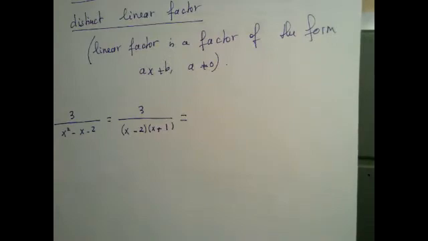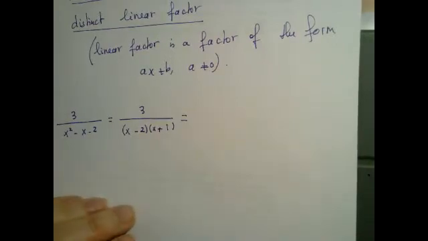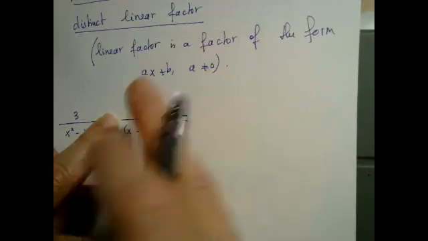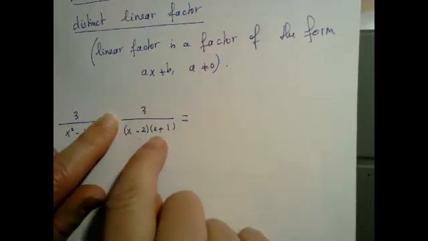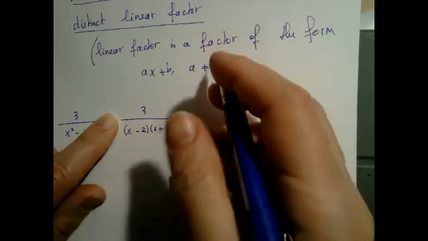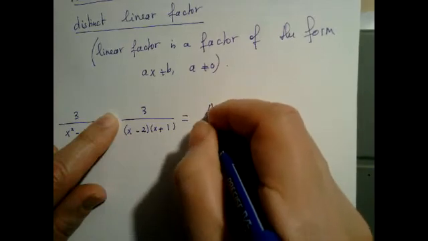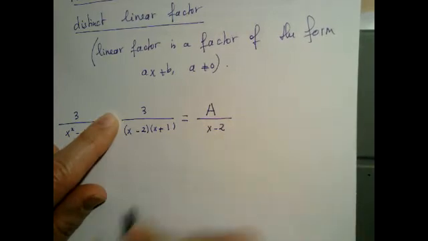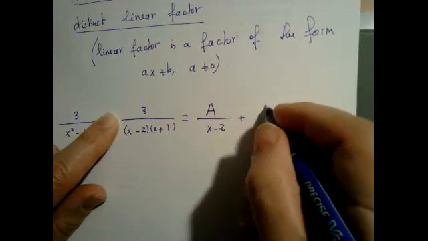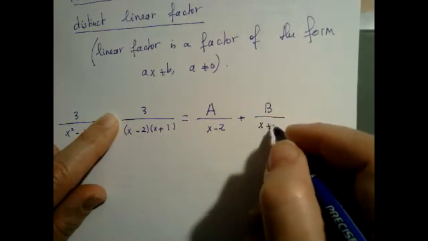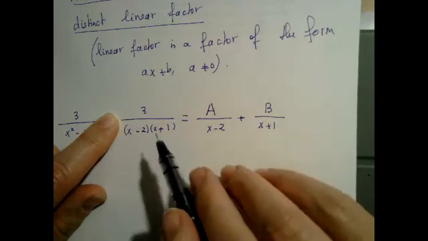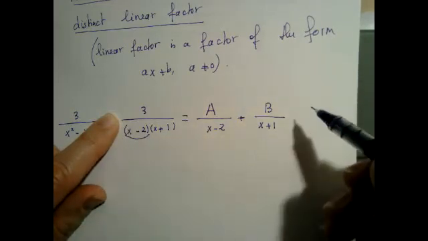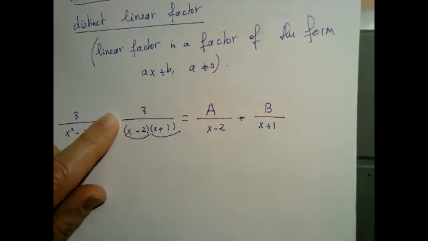Now, what does math tell you? There is a big theorem in math that tells you that if you have an expression of this form, with the degree of the numerator less than the degree of the denominator, and you factor out the denominator completely and get this type of factor, mathematically we can show that this can be written in the following format: a constant A over x minus 2, the first factor, plus a constant B over x plus 1, which is the second factor.